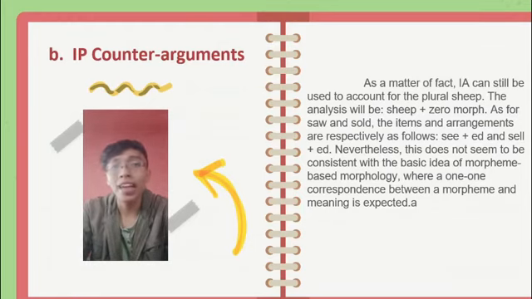If we use IA, it turns out we will face difficulty in splitting up saw, sheep, and sold. Saw is the past tense of see, sheep is plural, and sold is the past participle.